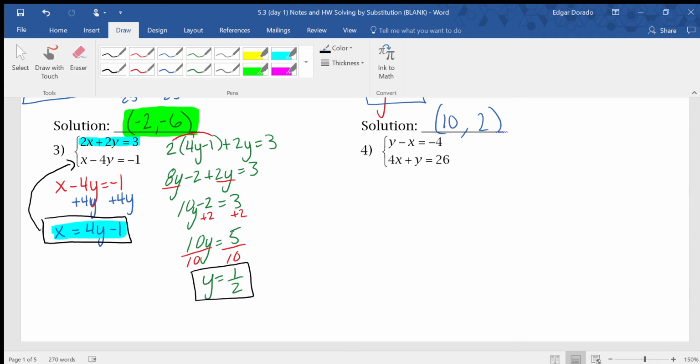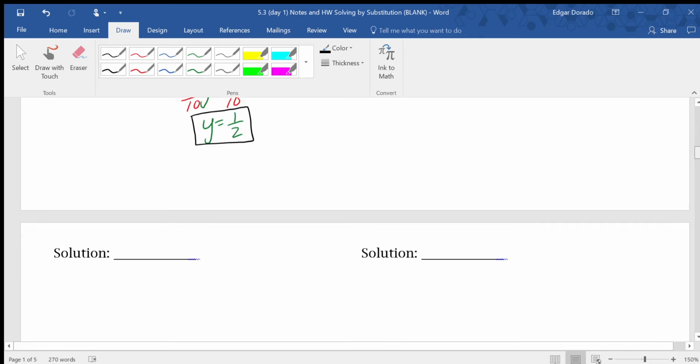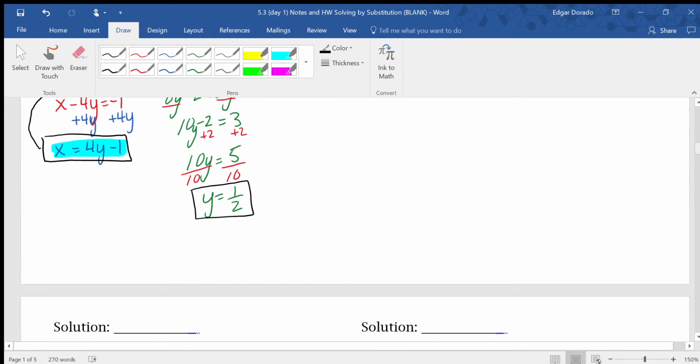Well, that was only part of it. That was our y. I apologize, the solutions kind of went to the second page, but anyways, the solution here is something comma 1/2. So let's figure out that other part of it, which is my x value.